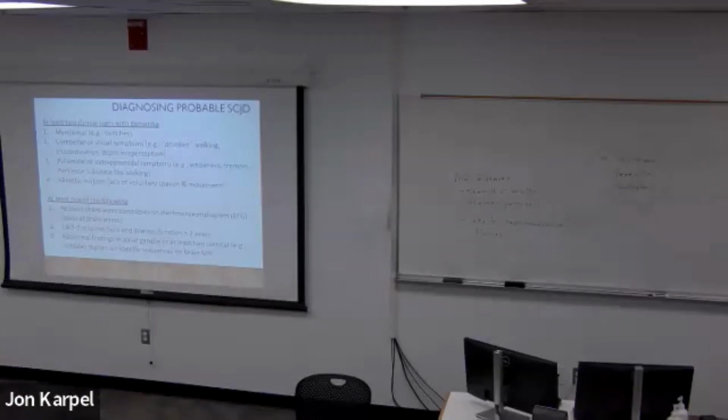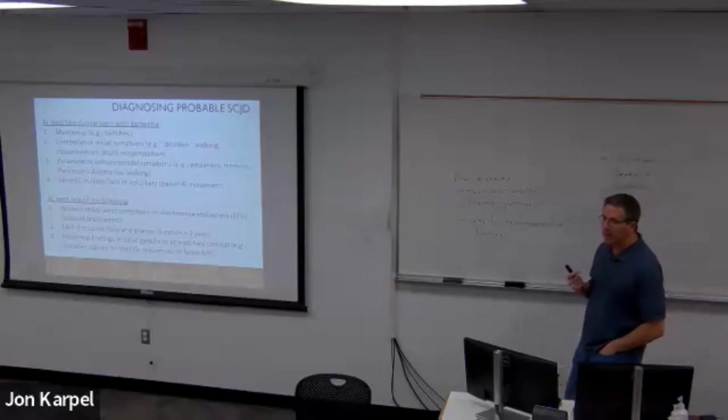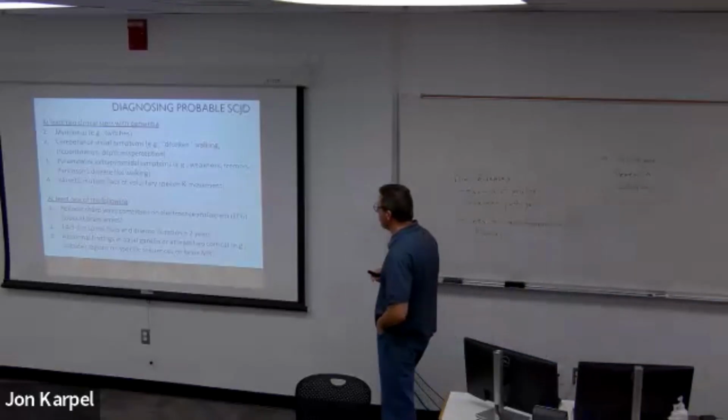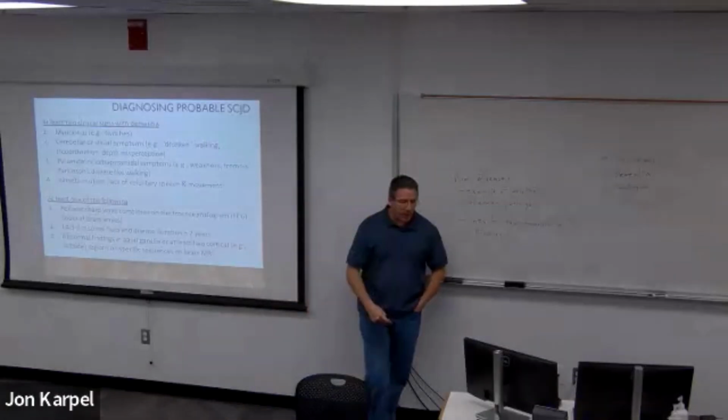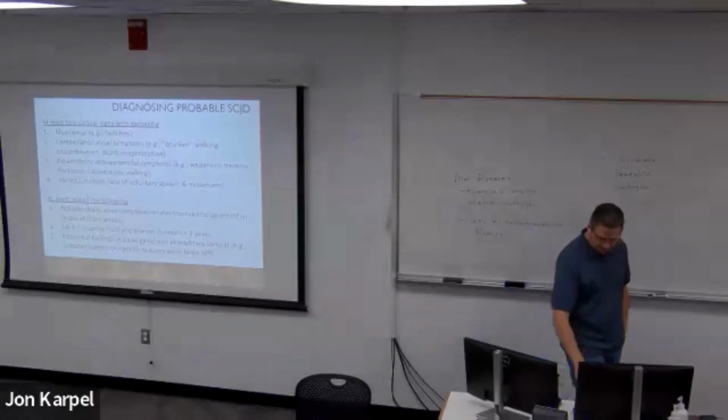You can test for some of these things. You can look at brain waves to see how they're impacted. 14-3-3 is a signaling protein that is commonly used to look for disease states or other kinds of changes in the brain.